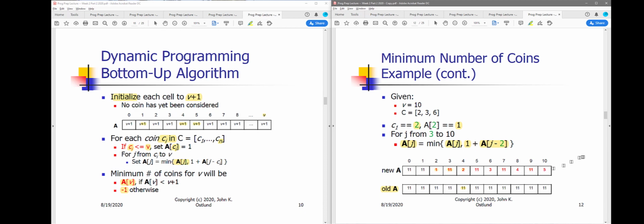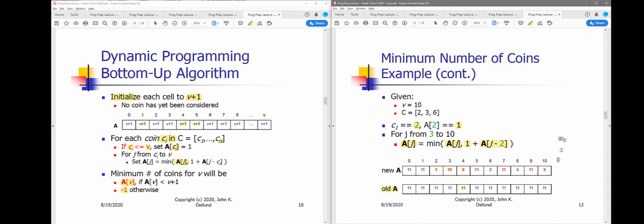As we continue on with this coin having a value of 2, it's going to be obvious that we can't make change for any odd-numbered value just using 2-cent coins. Whereas for even-numbered values, we can make change for 2 cents using 1 coin, 4 using 2 coins, 6 using 3 coins, 8 using 4, and 10 using 5 coins.